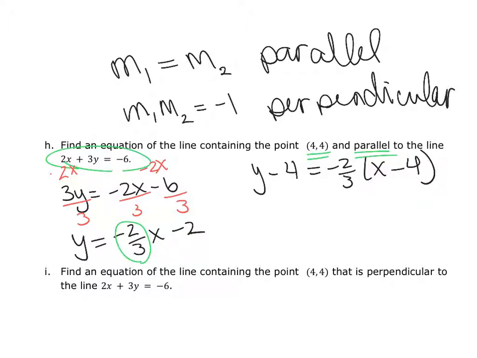But if I want to write it in slope-intercept form, I would continue a little bit further, and so I'd write y minus 4 is equal to, I'm going to distribute through, negative 2/3 x minus minus, so a negative 2/3 and a negative 4 becomes positive, and I end up with 8/3.